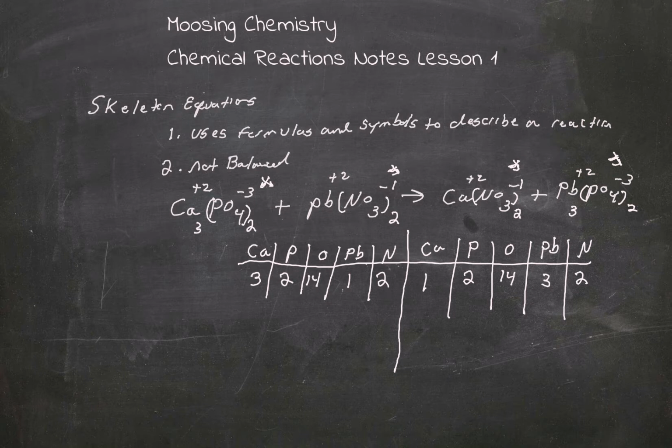So we're going to have to work some magic here. Let's go ahead and place a 3 in front of here to satisfy that. And of course we're going to have to put a 3 in front of here because of that Pb. So now let's see what that does. Okay, when we do this, we get 3 Pb.